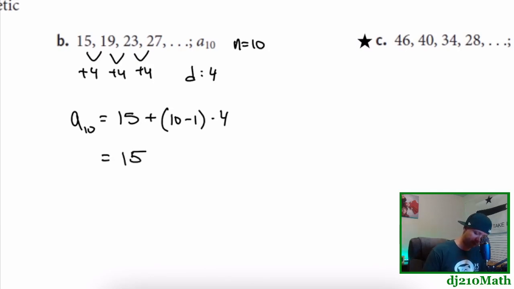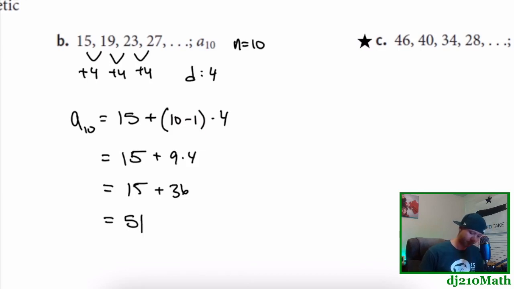So 15 plus 9 times 4, 15 plus 36, 51. So a sub 10 is going to be 51.